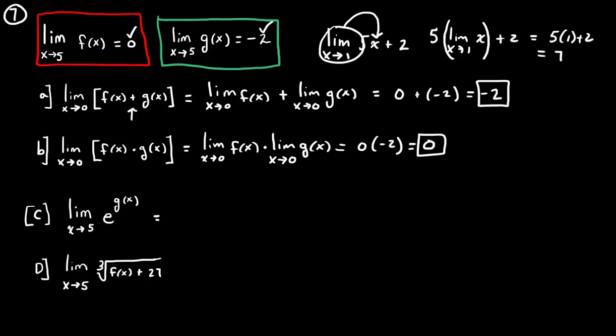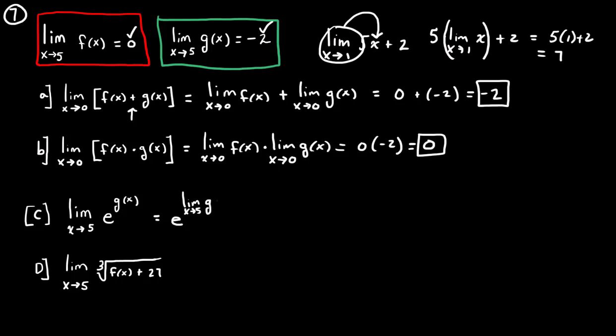The idea here, though, is that the limit can be applied to the functional part only. So e is a real number, 2.718 dot dot dot. It's supposed to represent a real number. And so what I'm going to write here is e, and then I'm applying the limit to only the functional part.